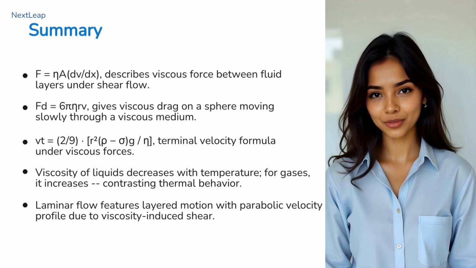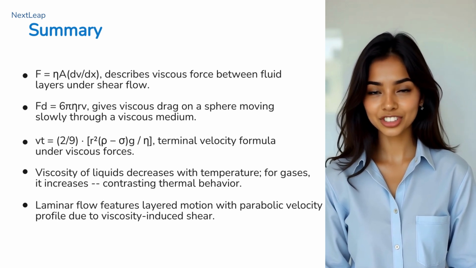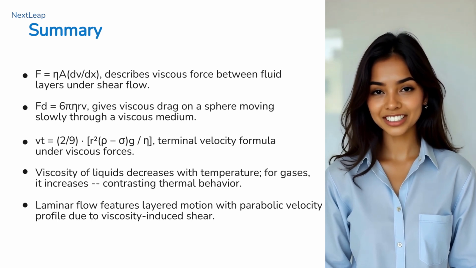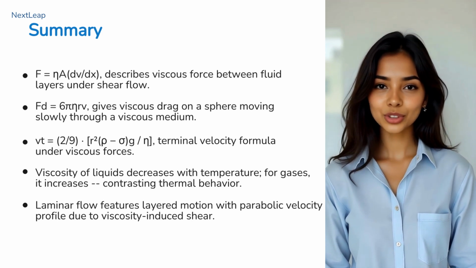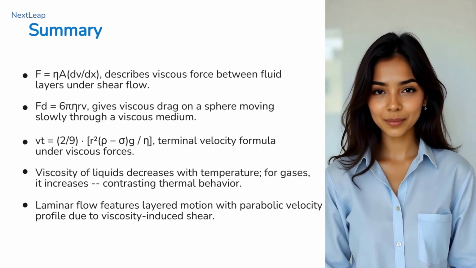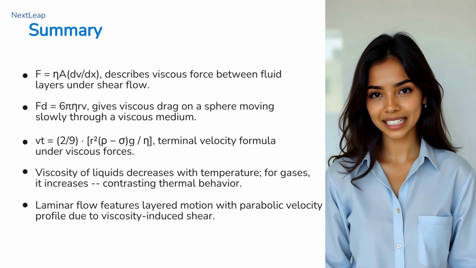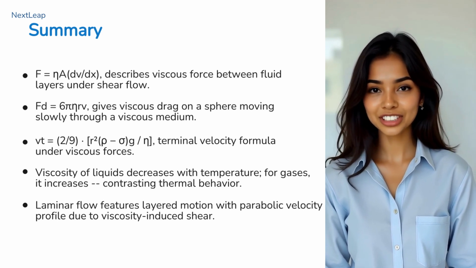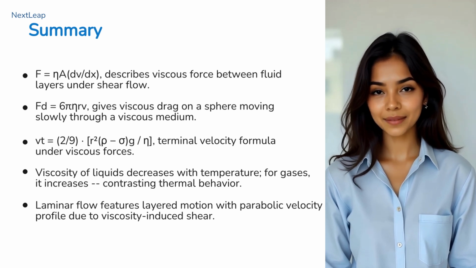Then, the terminal velocity of such a sphere occurs when forces balance and is given by 2/9 times radius squared times the difference in densities times gravity divided by viscosity. We also saw that viscosity decreases with temperature in liquids, but increases in gases, showing opposite thermal behavior. Lastly, laminar flow features those layered motions with parabolic velocity profiles, a direct result of viscosity-induced shear.